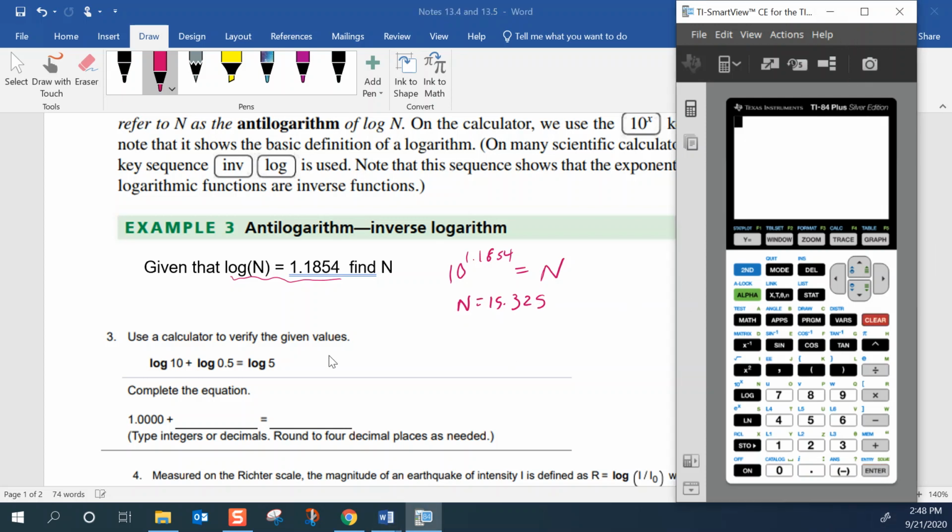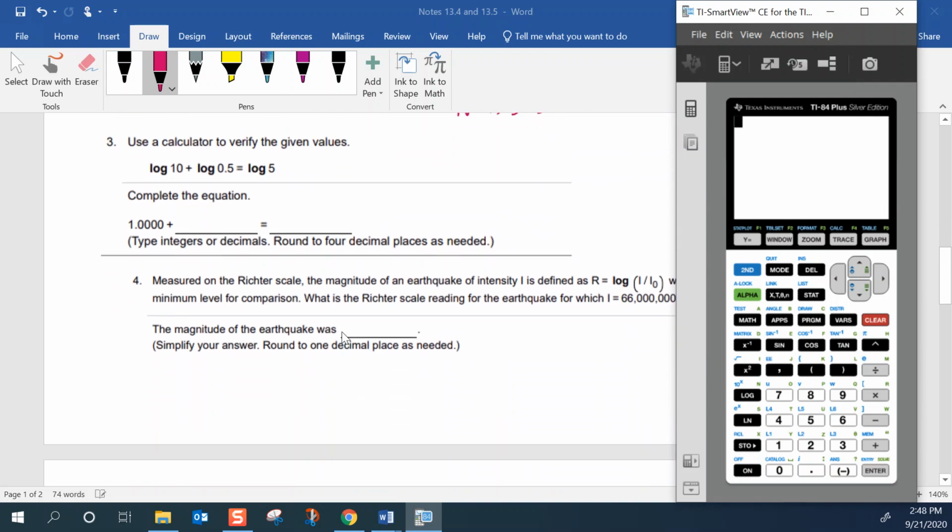First example says, use a calculator to verify the given values, that log 10 plus log of 0.5 is equal to log 5. We just want to verify that's true. If you remember from a previous section, the properties of logarithms mean that you can combine these logarithms.